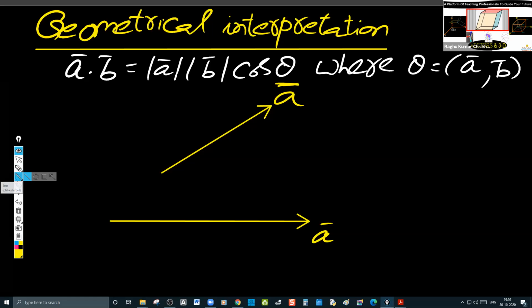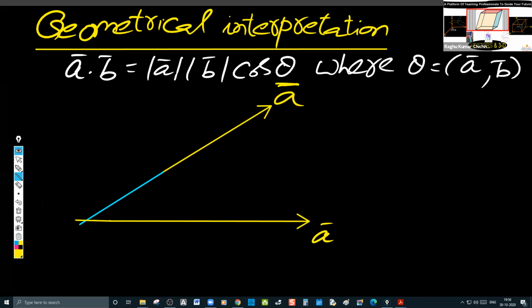Now, if you extend this backwards, then it definitely meets the other vector because they are non-parallel and non-collinear. I have extended this just to meet the below vector. Why I'm extending it, you'll understand.